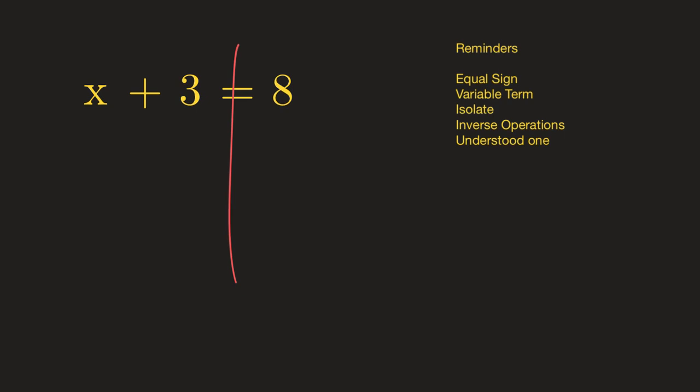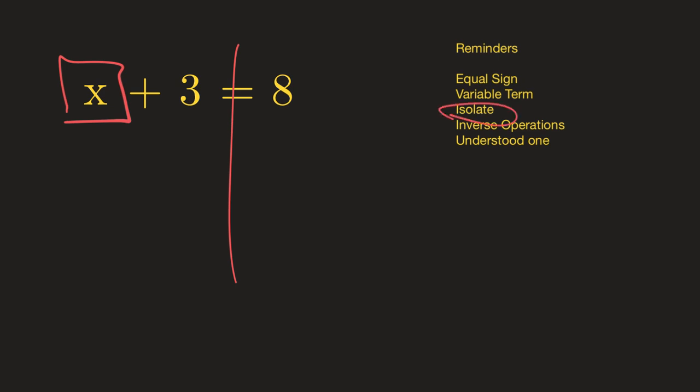Variable term. The variable term is the term that contains the variable. Okay? So in this particular equation, that x right there is the variable term, okay? That is the term that we're going to be very interested in because we eventually want to get that variable term by itself, which takes us to the next word, isolate.